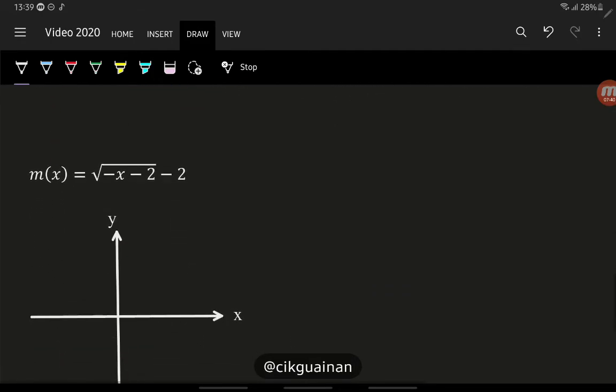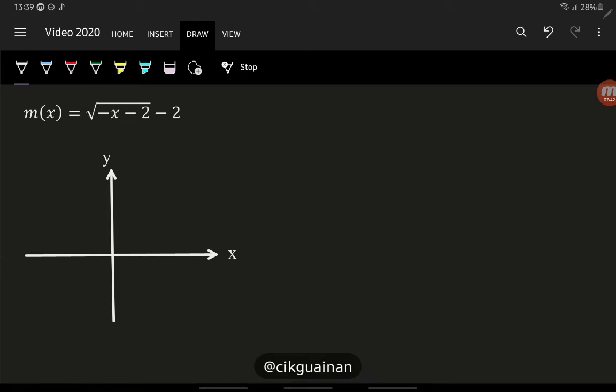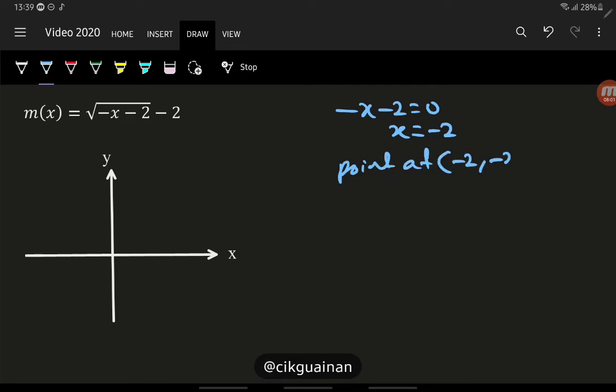Now let's move on to the last example. For this one we should get the starting point first. The starting point is minus x minus 2 equals 0, so x equals minus 2. So the point at minus 2, I just take the y over here.